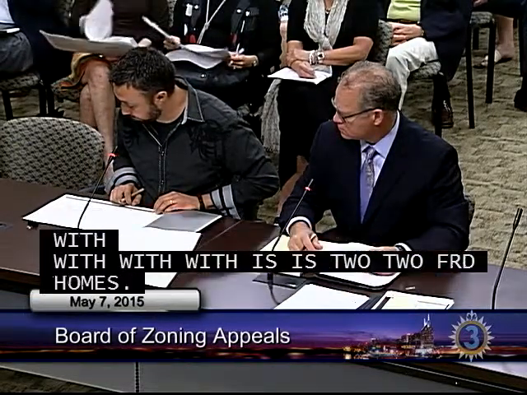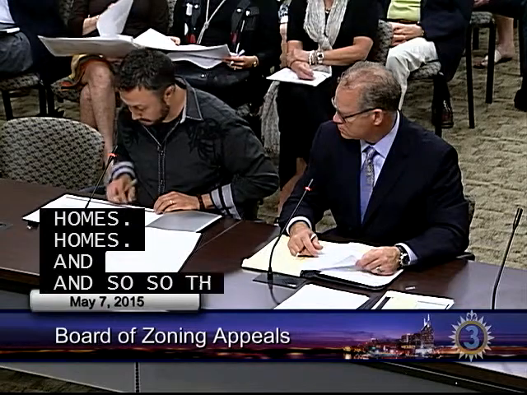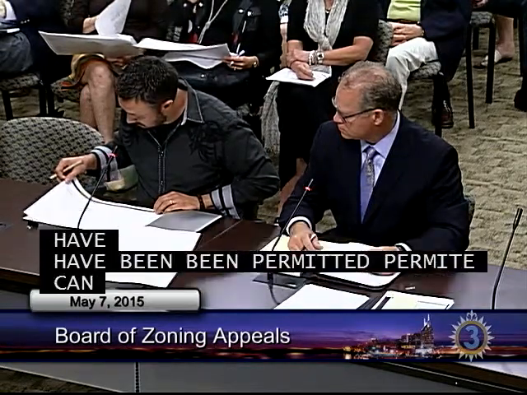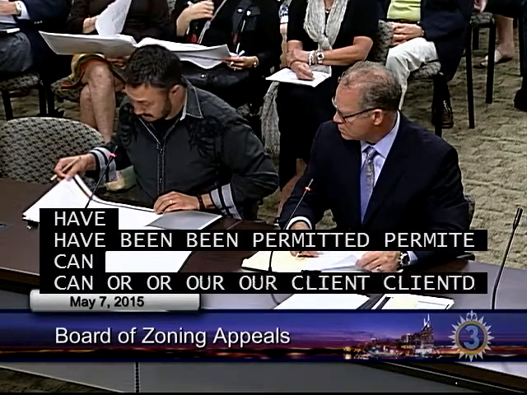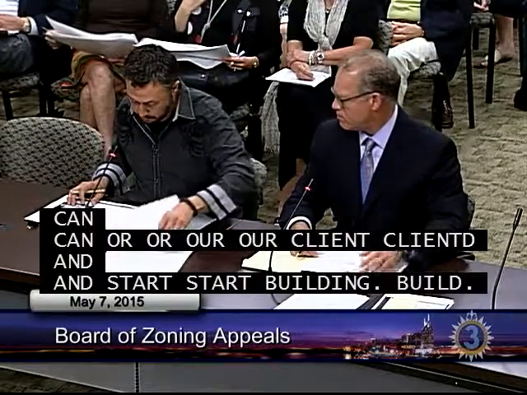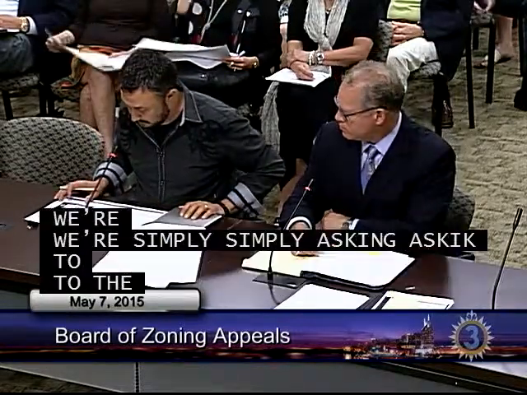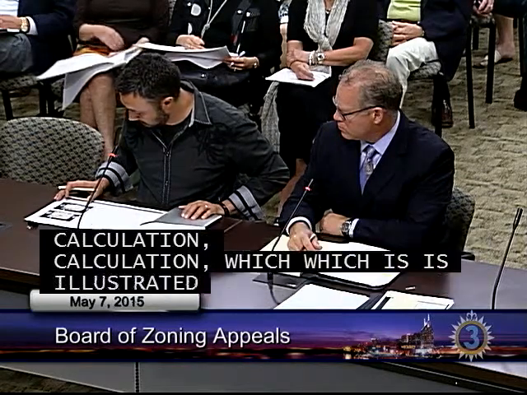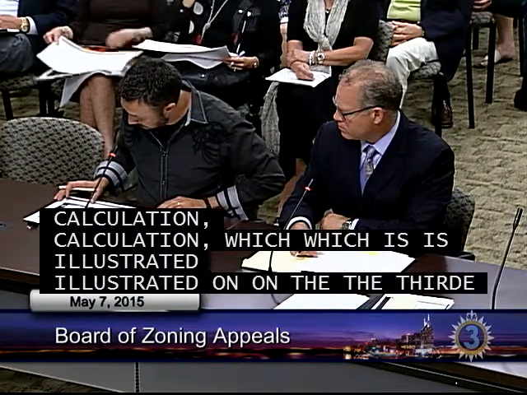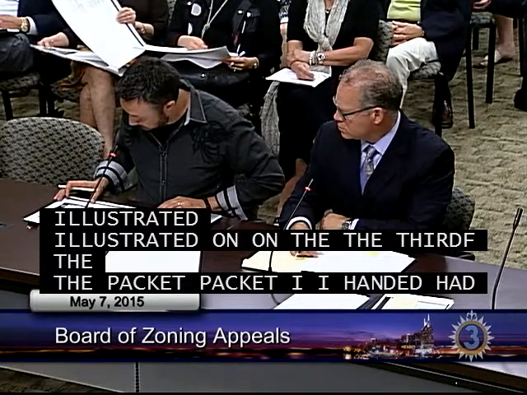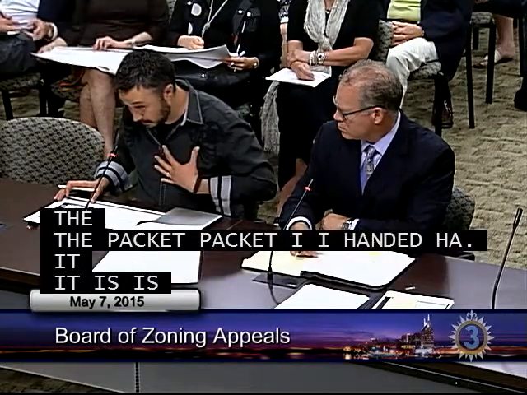Those are the homes that have been permitted and that our client can go ahead and start building. We are simply asking to go back to the previous method of calculation, which is illustrated on the 3rd page of the packet I handed out. It is better from an aesthetic standpoint, in my opinion.